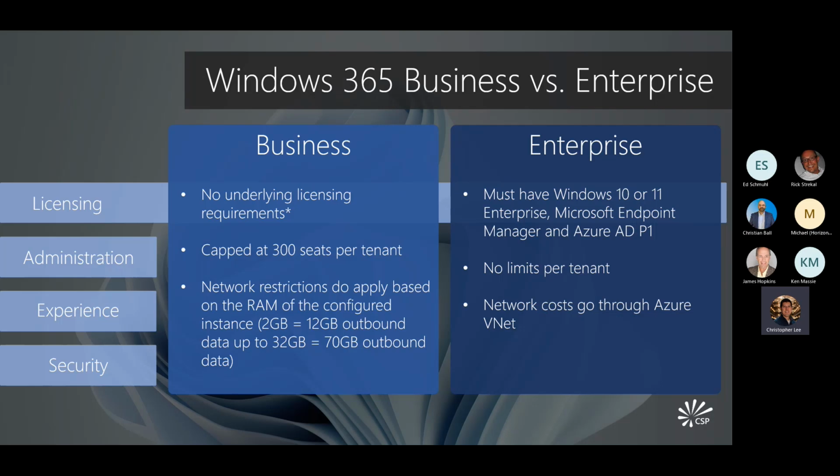If you go up to the 32 gig RAM instance, you get 70 gigs of outbound data per month for that instance. That's per user, not per tenant. Obviously, there's different ranges of RAM configurations within those SKUs, and that fluctuates the outbound traffic. But just be aware that there are caps on how much outbound data can be consumed through the business SKUs.